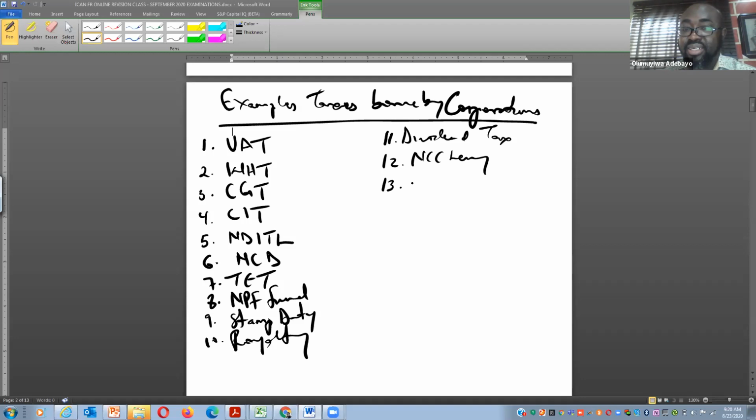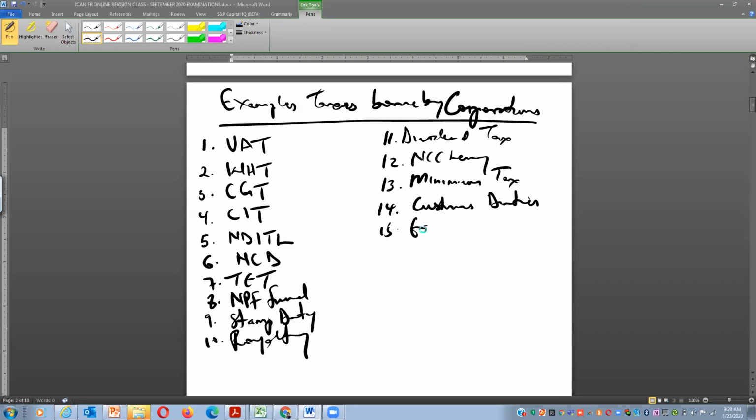Also mention additional ones. Minimum tax. Custom duties. ITF. Excise. ITF is not a tax, it's based on training contribution, which you benefit from commensurately. Excise duties.